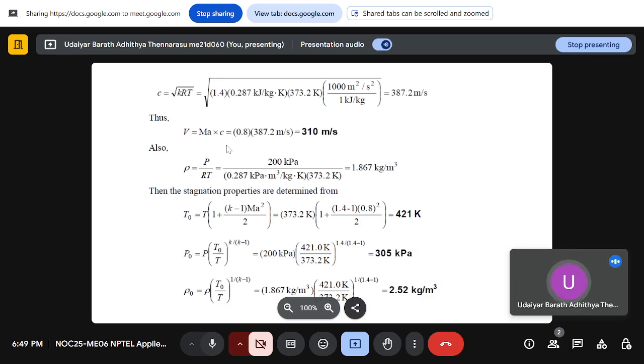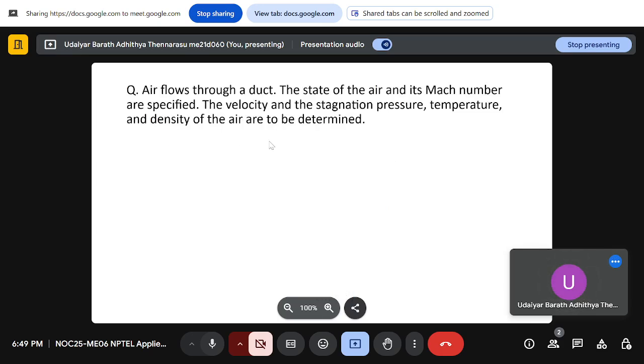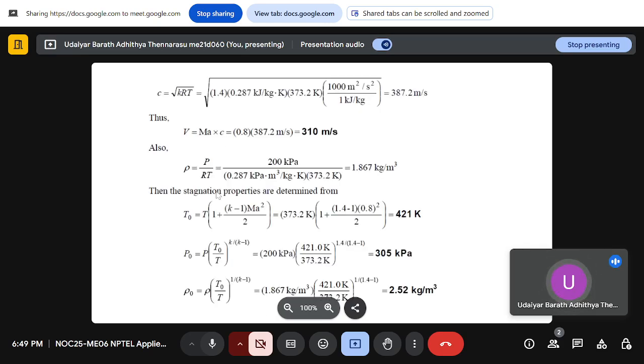So through the duct, air is coming in at 200 kilopascal and a temperature of 373.2 K, that is 100 degrees Celsius, with a Mach number of 0.8. We need to find the stagnation pressure, temperature and density for these conditions. For that, we first need to find the velocity so that we can do an energy balance.